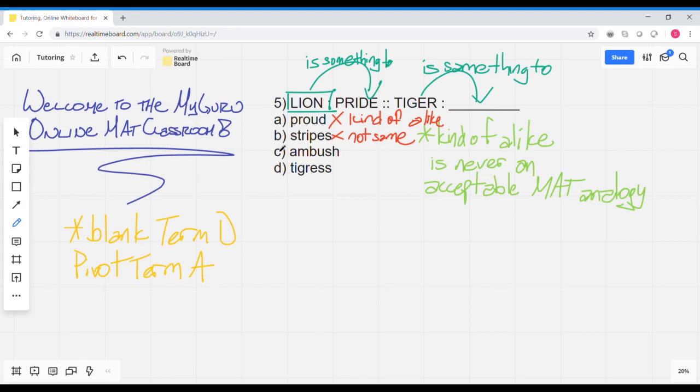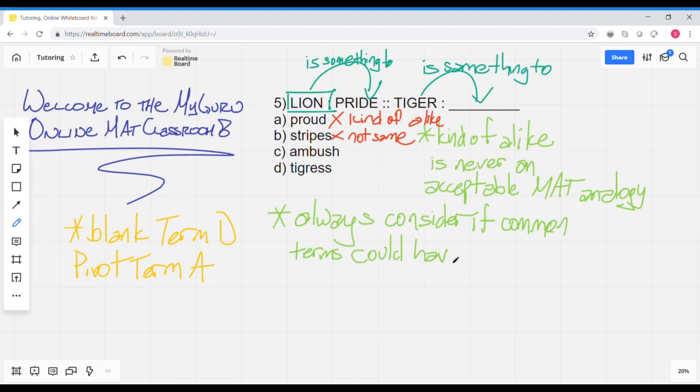Now, ambush, you go, okay, well, ambush seems like it's got this weird application to it, and it may have a secondary definition, and that's going to be an important thing overall: always consider if common terms could have a secondary definition.